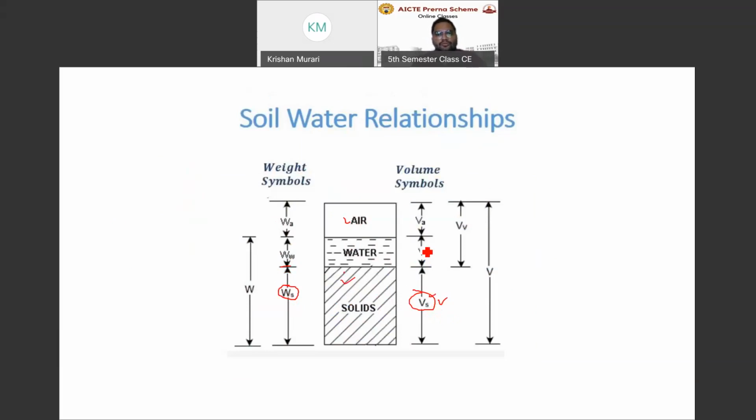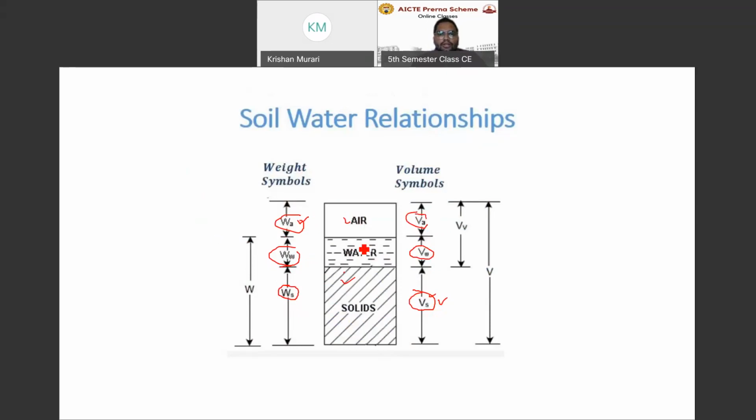The water volume is represented by Vw, and weight is represented by Ww. Air weight is represented by Wa, and volume of air is represented by Va.